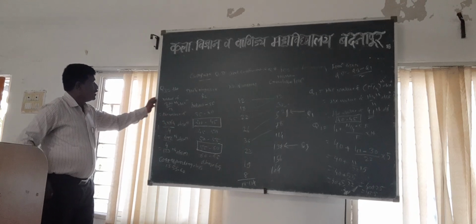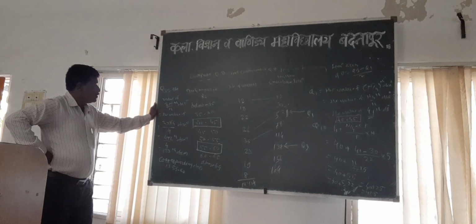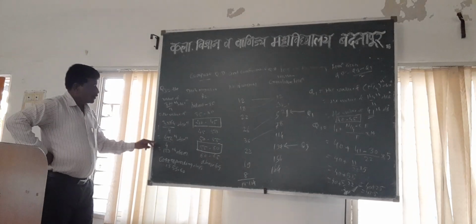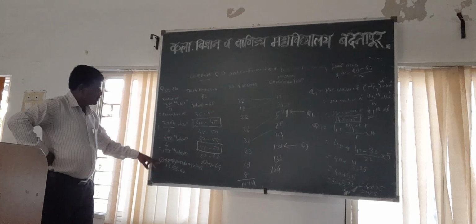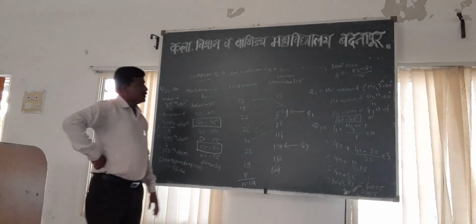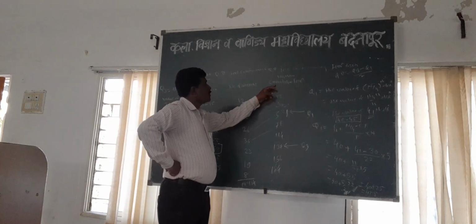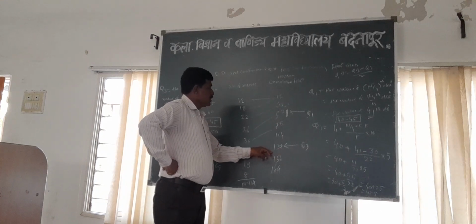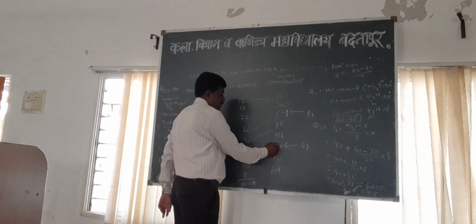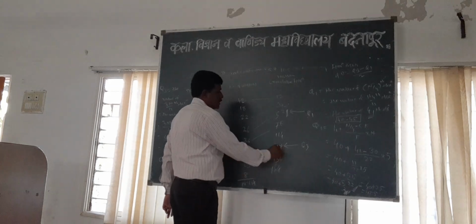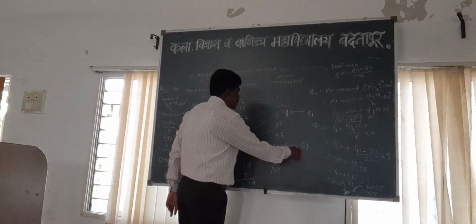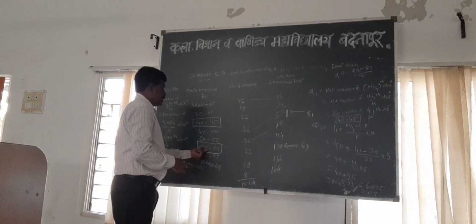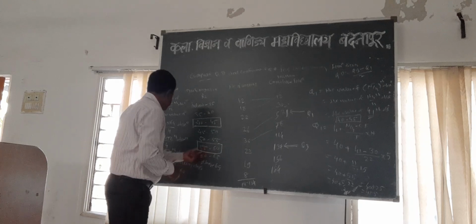Similarly we find the value of quartile third, that is the value of the 3n by 4 observation. With n equal to 164, 3 into 164 divided by 4 is the 123rd observation. In the less than cumulative frequency, 123 lies in 137, so the corresponding class for quartile third is 55 to 60.